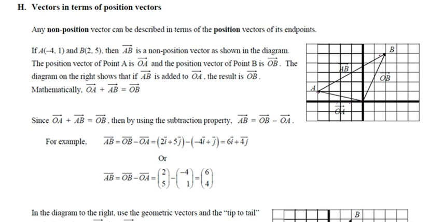Or, getting away from this method and going to a straight column vector, which is a little easier because you don't have i's and j's floating around, it is (2, 5) minus (-4, 1), which is (6, 4). So that's AB.